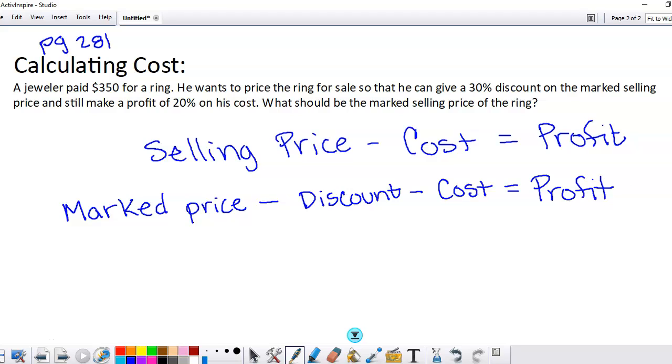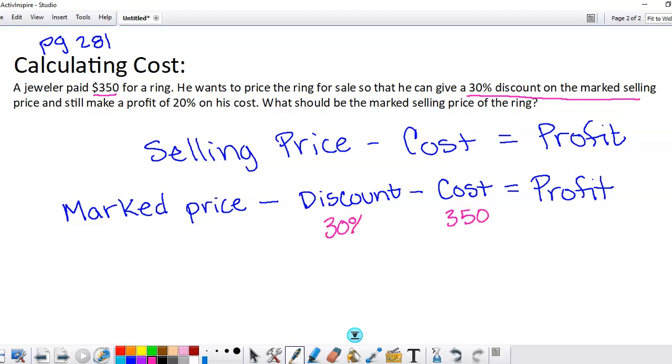Okay, so let's take a look at the information given. A jeweler paid $350 for the ring. So this $350 is our cost. He wants to price the ring for sale so that he can give a 30% discount on the marked price. Here's the discount.